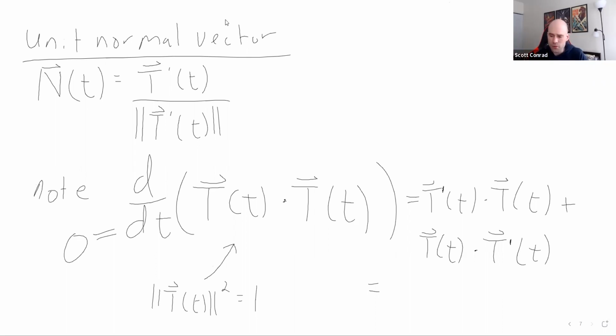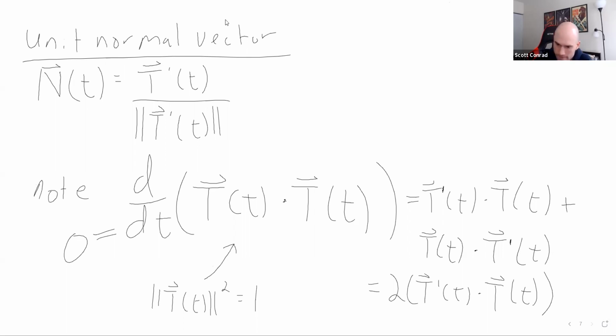But these both involve T and T prime, and the order you take the dot product doesn't matter, remember? u dot v is the same as v dot u. So these are both the same as T prime of t dot T of t. So this is just 2 times T prime of t dot T of t. So when you dot the unit tangent vector with its derivative and multiply by 2, you get 0.